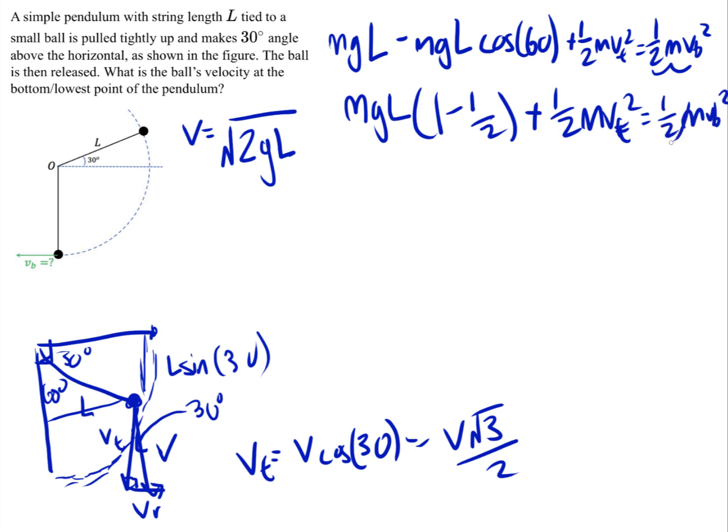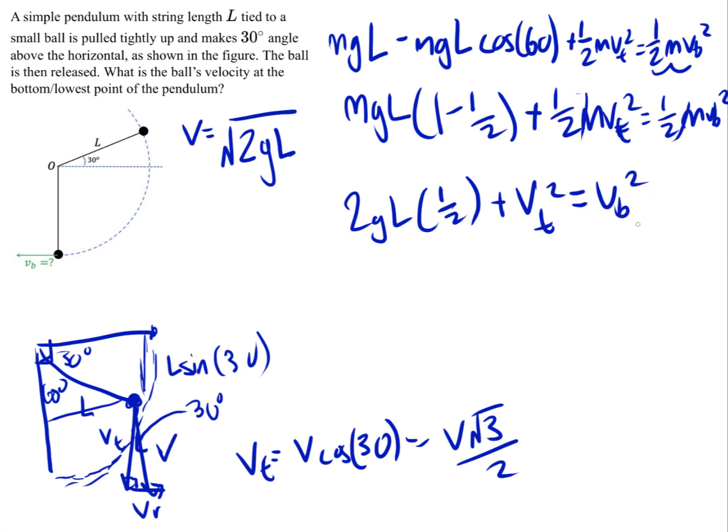And we can cancel out the masses and then multiply both sides by 2 to get 2gL times (1 minus 1/2) plus v_t squared is equal to v_b squared, where v_b is the velocity at the bottom.